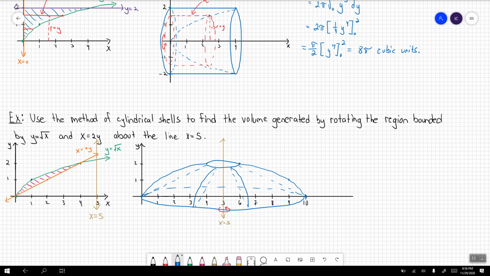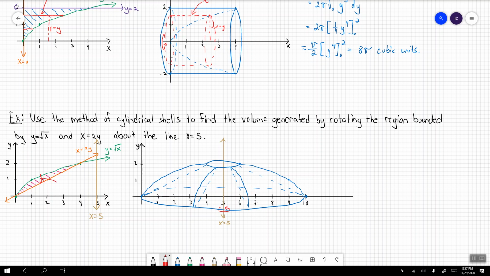So what we want to do then is find the volume for that figure, and we want to use cylindrical shells. Now, if we're going to use cylindrical shells, then we have to choose our cylindrical shell height to be parallel to the axis of rotation. That means my cylindrical height is only going to be measured for that area.